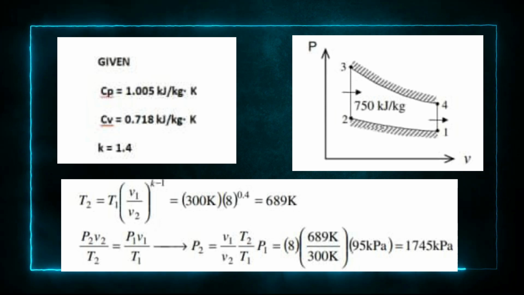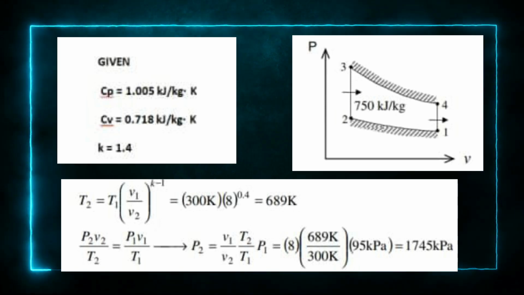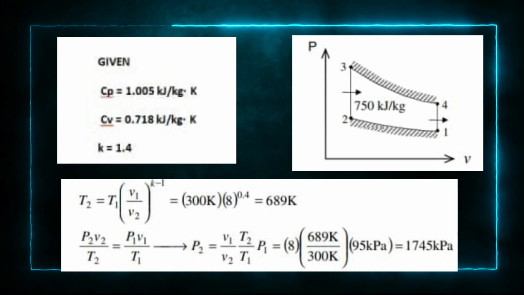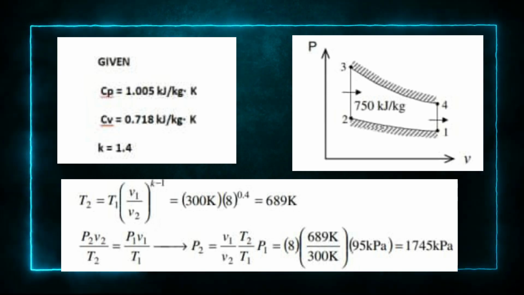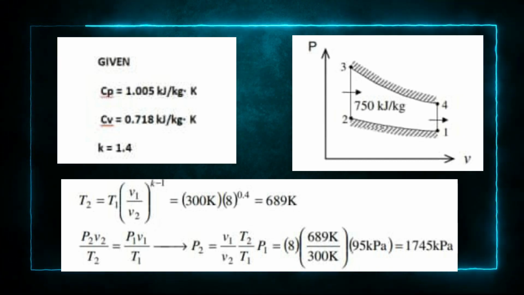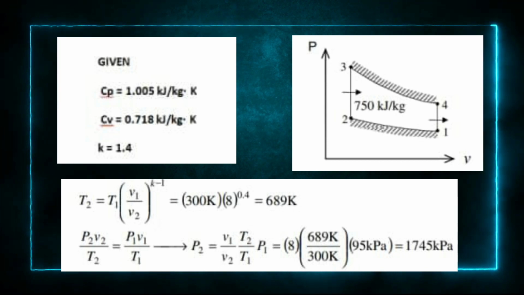In process 1 to 2, which is the isentropic compression, we have T2 equals T1 times V1 over V2 raised to the k minus 1. Substituting the values, it equals 300 K times 8 raised to 0.4, which is 689 Kelvin.